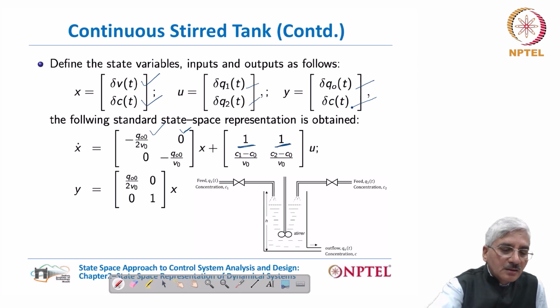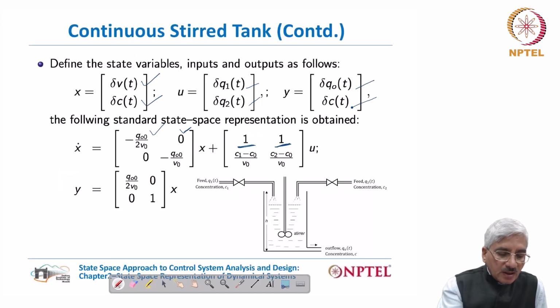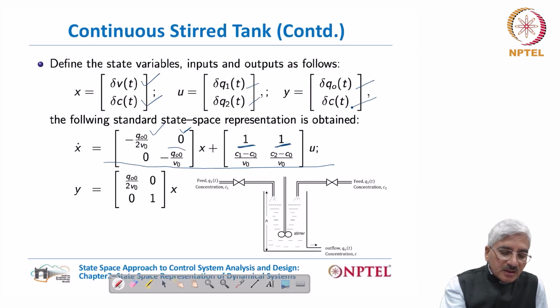The second one is the rate of change of concentration. So d delta Ct, that is state x2. So this row corresponds to x2, and we see that this depends through this on itself. So minus Q0 naught divided by V naught is the coefficient which is appearing here.